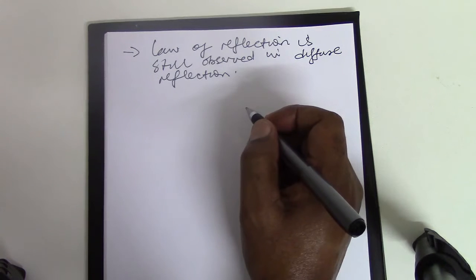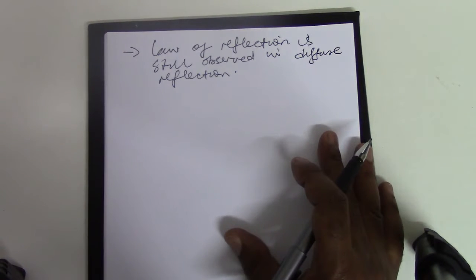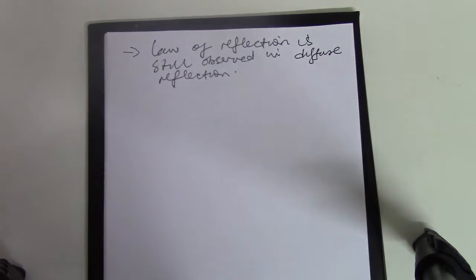So this is what we can say about the difference between specular and diffuse reflection.